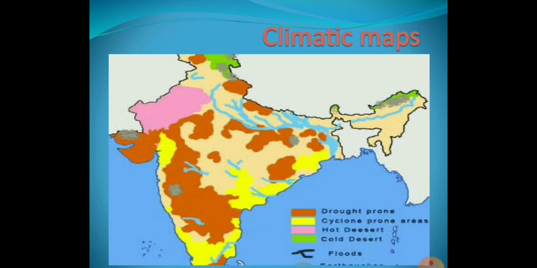Besides these, there are maps that tell us about the industries, population, transport, minerals, crops, soil, natural resources, forests, and wildlife of a region.